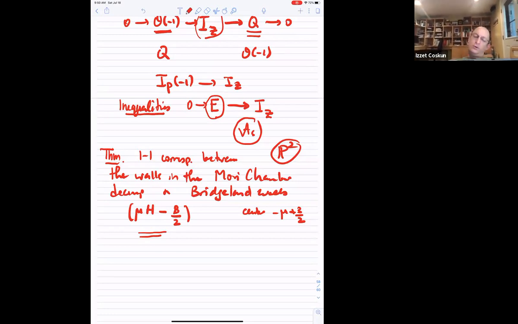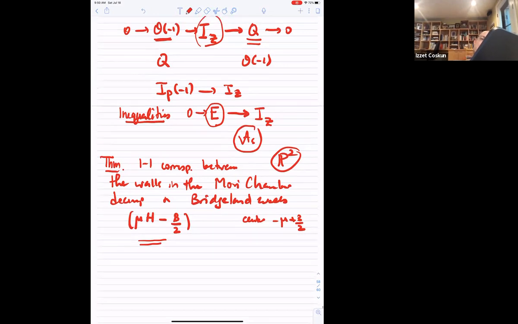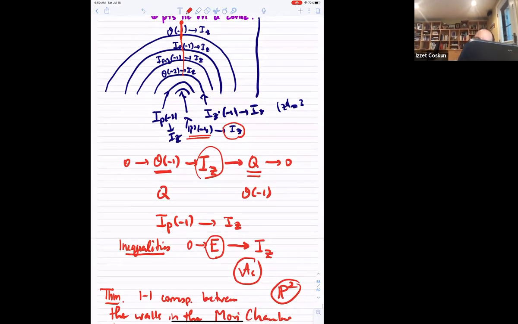And then you can use this either way. You can use it to figure out what's happening in the birational geometry by thinking about Bridgeland stability conditions. And then you can understand Bridgeland stability conditions by knowing what happens on the birational geometry side of things. And then the key point: in terms of Bridgeland stability, you can also explain what the effective cone is, and you're already seeing this to a certain extent.